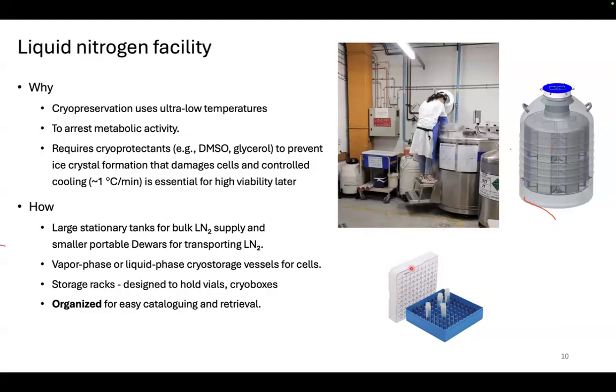So I said that when you're bringing them from 37 to minus 80 or minus 196, you're bringing them 1 degree a minute. That's how you're cooling it. But then when you want to thaw it, you're thawing it rapidly from minus 196 directly to 37 degrees in that water bath. Why?